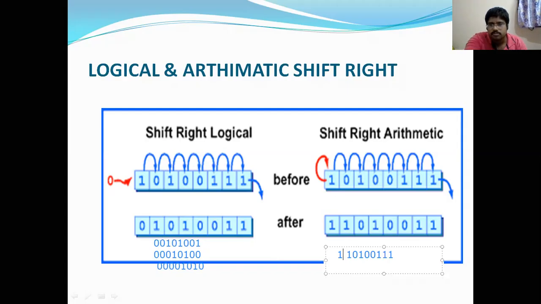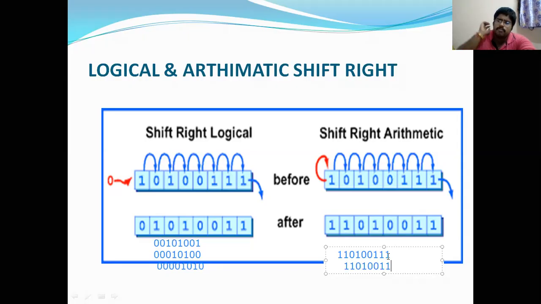So here also, whenever I perform the shift operation, what is going to happen in the next place? So here 1 1 0 1 0 0 1 1. This is what we are going to get, because I have already discussed that the last value is going to escape somewhere else. Generally it will go to the carry. At present we don't have any idea about carry, so you just leave it.